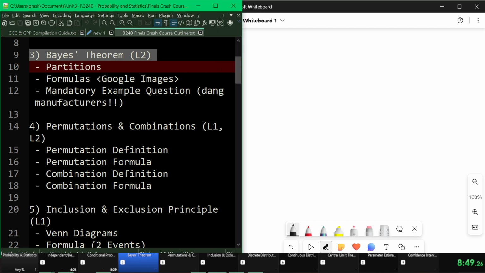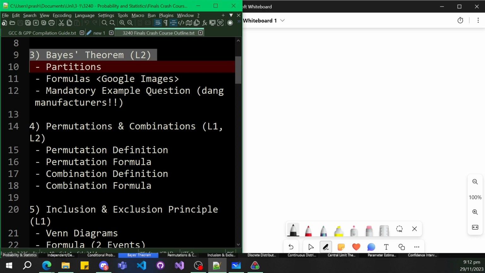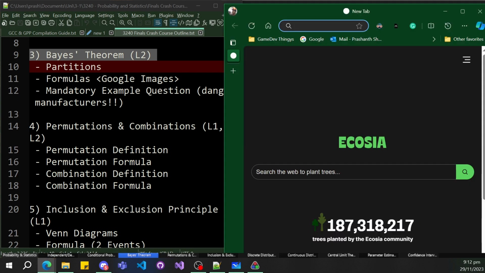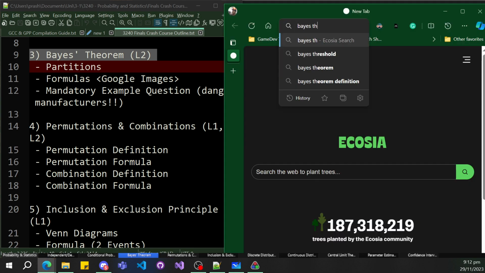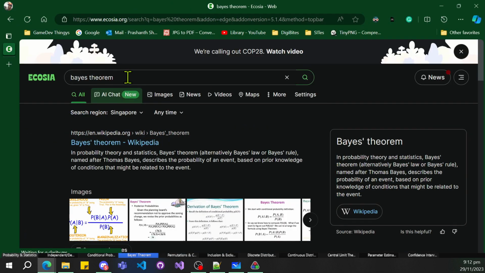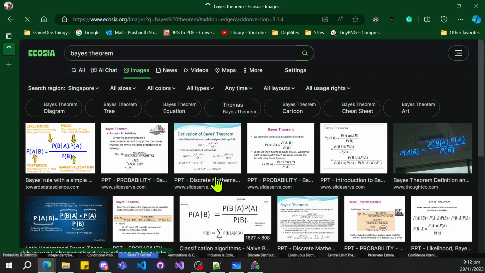Bayes' theorem is this weird thing because let me open up a new window, and I will show you what I mean by the searches not making sense. Where is my window? Okay. So if you just Google search Bayes' theorem and just look at the chat.